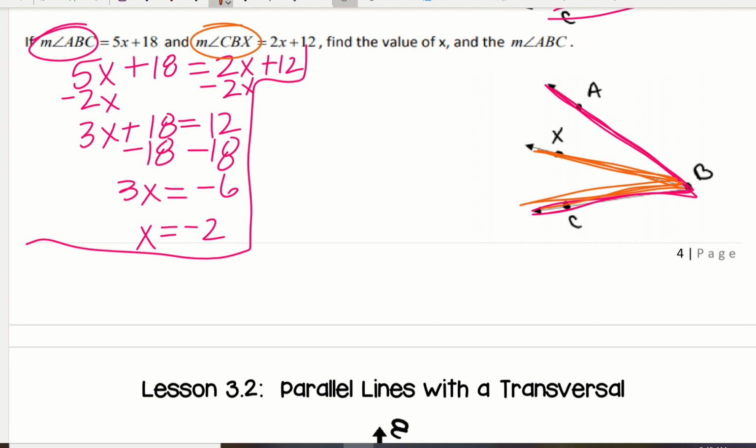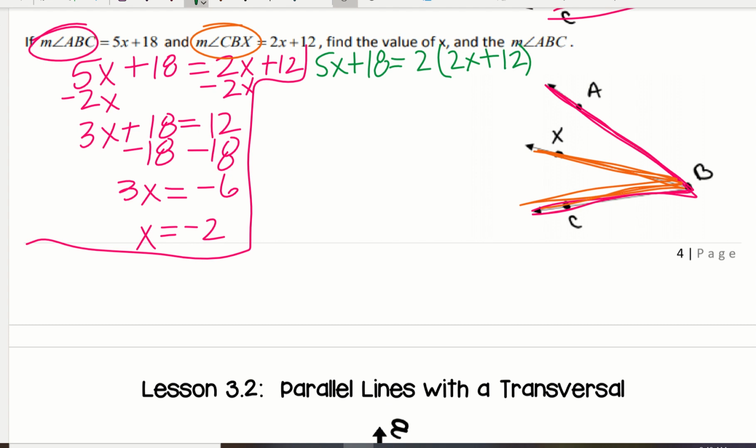So if I need to set this equation up, I'm going to say 5x plus 18, is that my whole or my half? Whole equals 2 times 2x plus 12. Because that's my half.